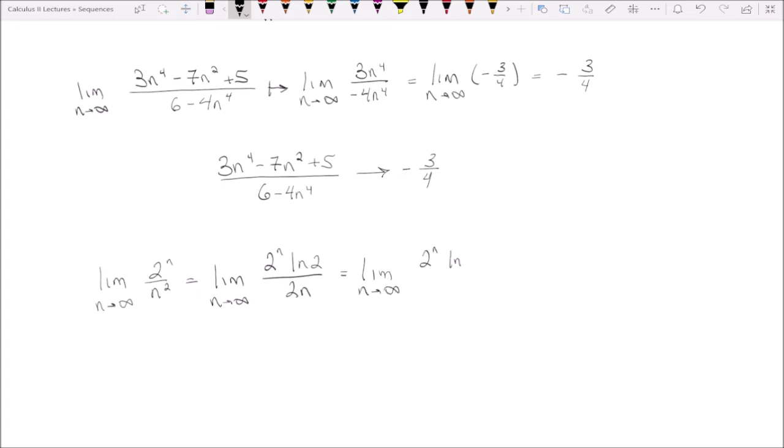So 2 to the n times log squared of 2 all over 2. We can rewrite this as 2 to the n minus 1 log squared of 2. Well, that is clearly infinity. So what we say is that the sequence given by here diverges to infinity, or it's increasing without bound.